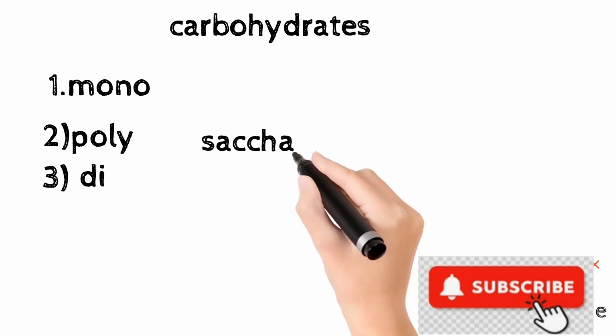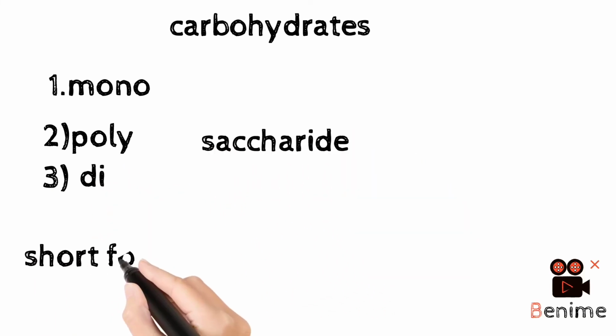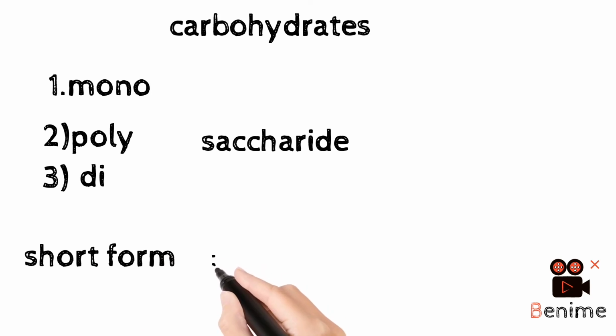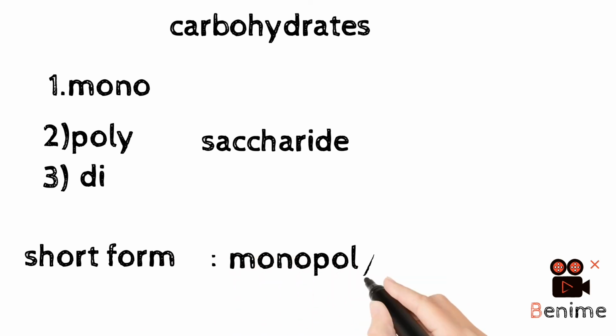Monosaccharide, disaccharide, polysaccharide is also correct, but the reason for putting polysaccharide second is to make the short form. You can keep in your mind a very easy one: monopoly.